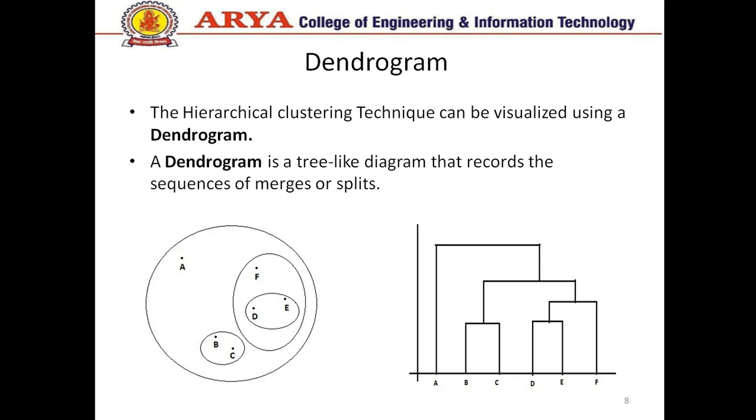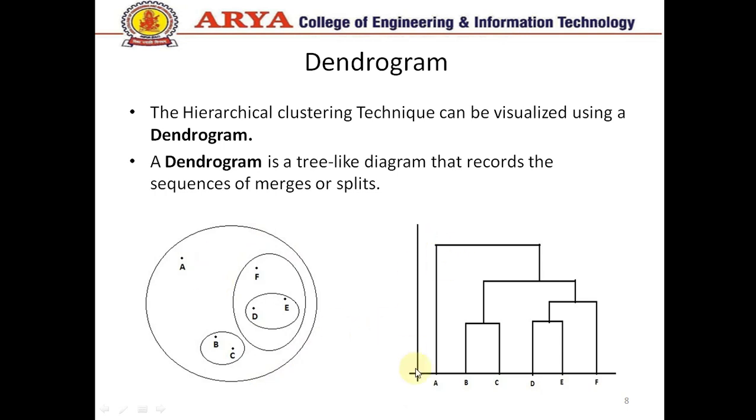Suppose we are considering divisive clustering; in that case, we split the clusters into n number of data sets. In our first picture, we have a Venn diagram with the data sets A, B, C, D, E, F. Here B and C merge together, then D, E, F, and finally A, B, C, D, E, F.